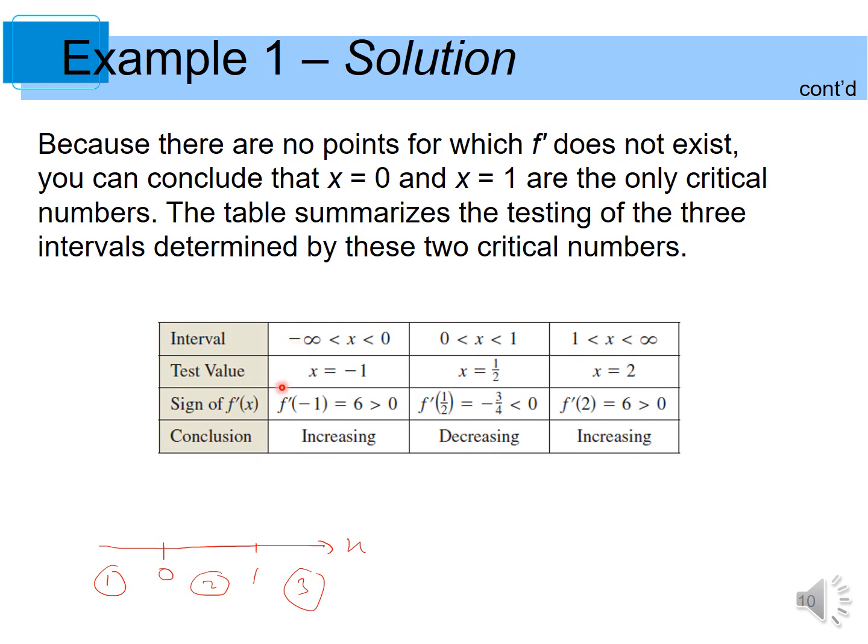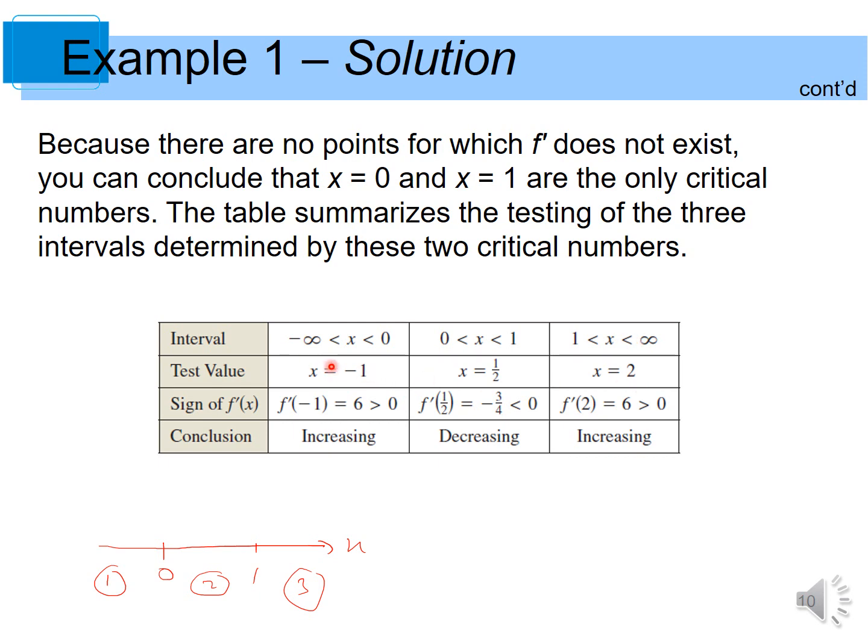For the test value, we select any value from each interval. For example, -1. For the interval between 0 and 1, we select one half, any value, as long as it is within the interval. And for the third interval, 1 to infinity, we choose 2.